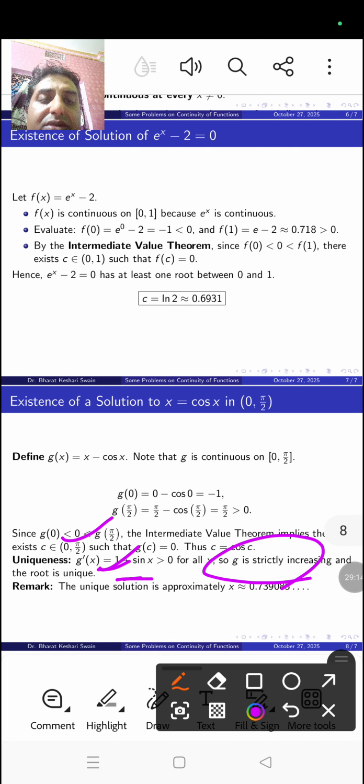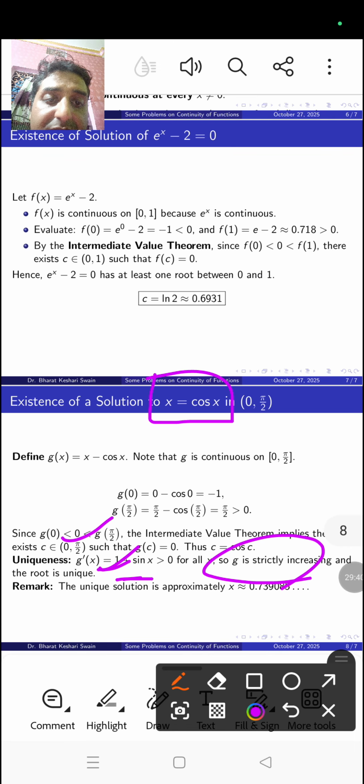So to check x equal to cos x, you can take the function x minus cos x and first check whether it is continuous or not, and whether at the endpoints of the interval the values have opposite signs or not.